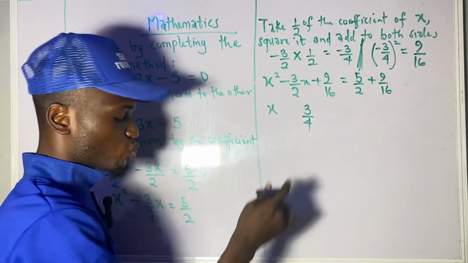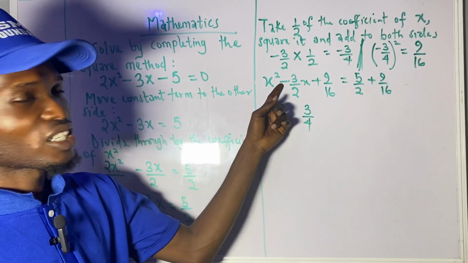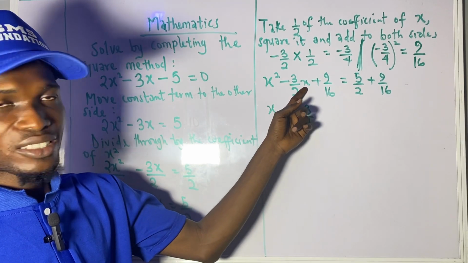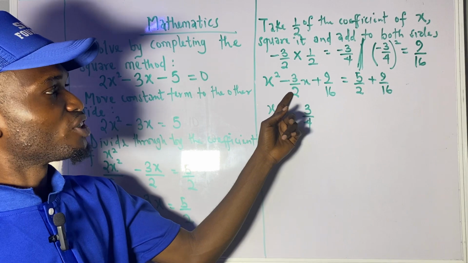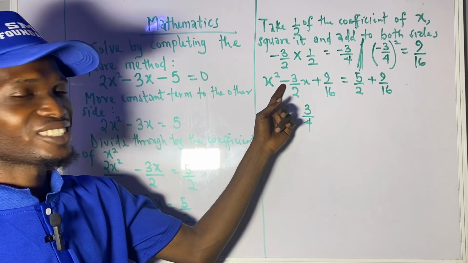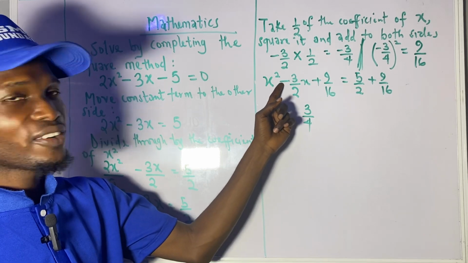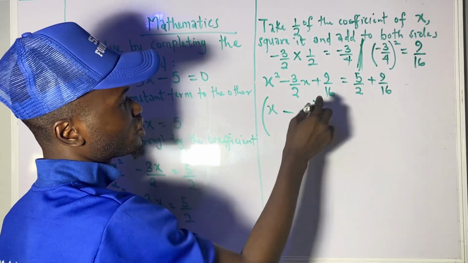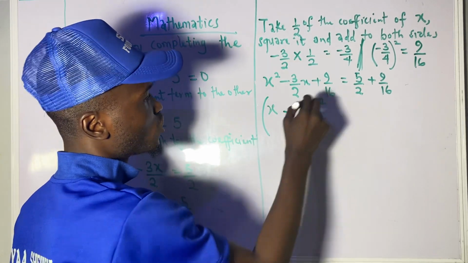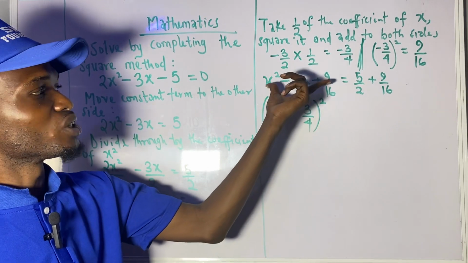Then in between, how do we know the sign that is in between? Just check the second term, that's minus 3 over 2. Any sign that is here is what you will put in between. If it is plus, you put plus. Now it is minus, you put minus. So put everything in brackets, then square it. Now this is what we can expand to get this.